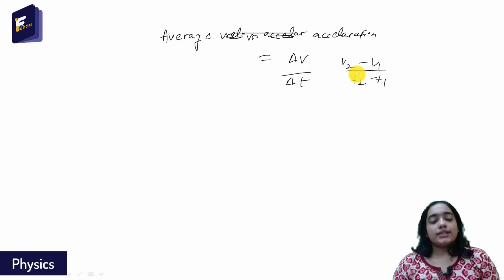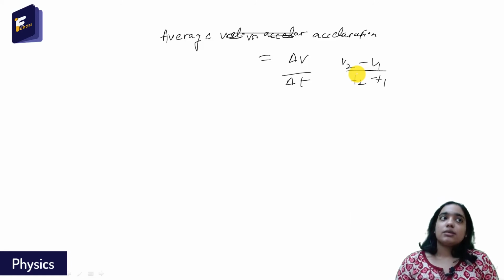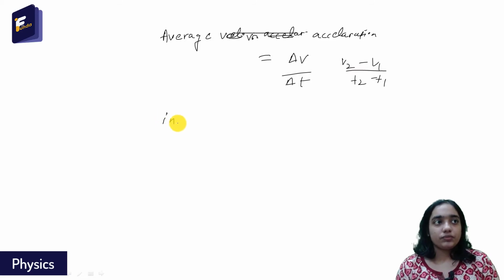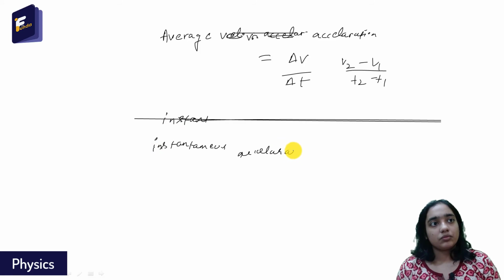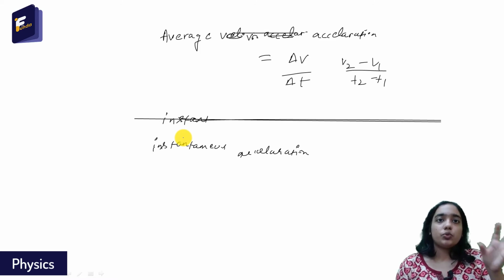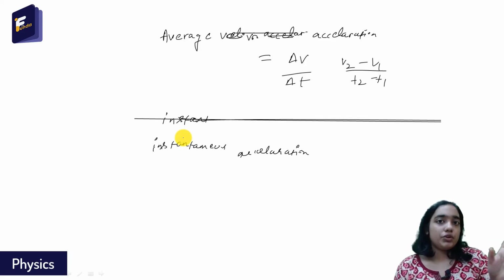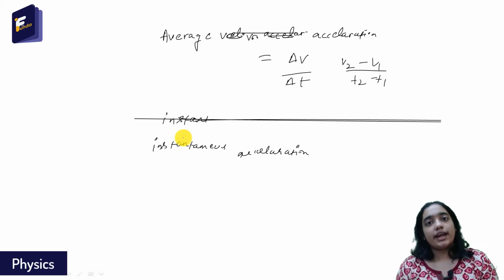Similarly, as we had discussed instantaneous velocity, we can also discuss instantaneous acceleration. Instantaneous acceleration means that we squeeze the time interval to 0, and ask what the acceleration is now. We don't say exactly 0, we say tends to 0.